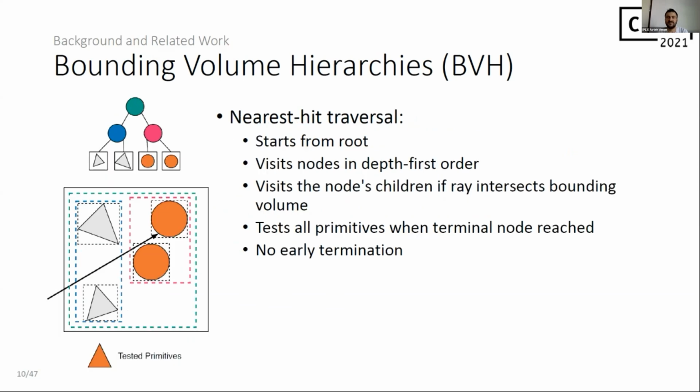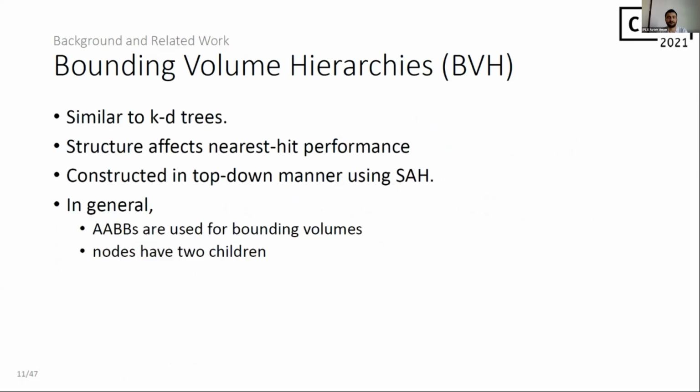When doing a nearest hit traversal, we start from the root and visit the nodes in front-to-back order, and visit the node's children if the ray actually intersects with the bounding volume. And then we test all the primitives residing in a terminal node, and therefore we don't do any early termination.